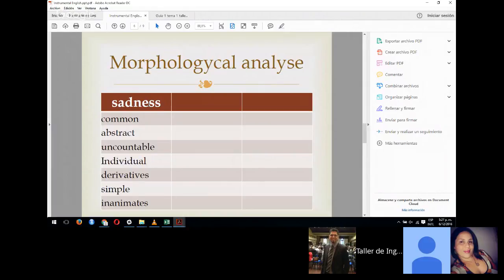For example, sadness is a common noun, it is abstract because you can't touch that, it is uncountable because you can't count the sadness. Do you know the meaning of sadness?